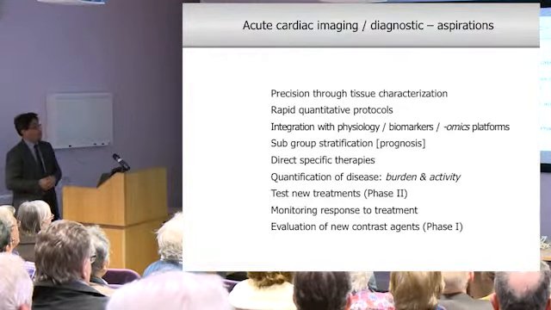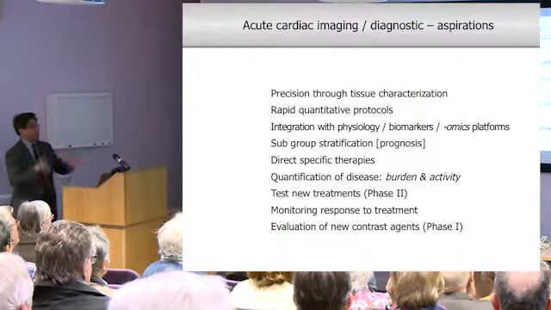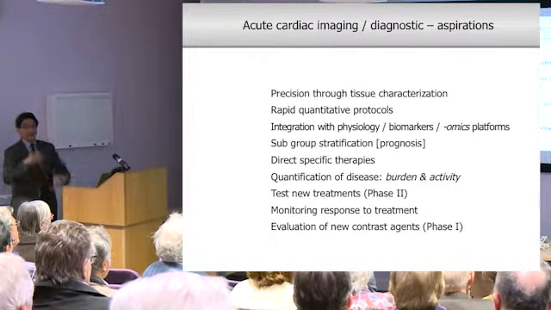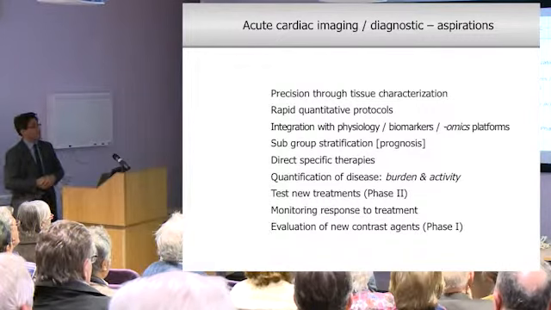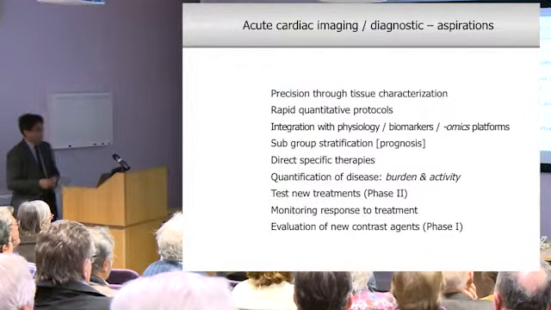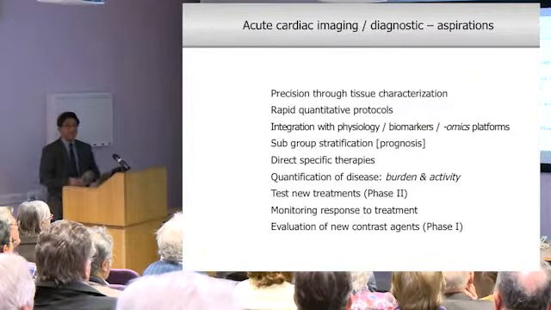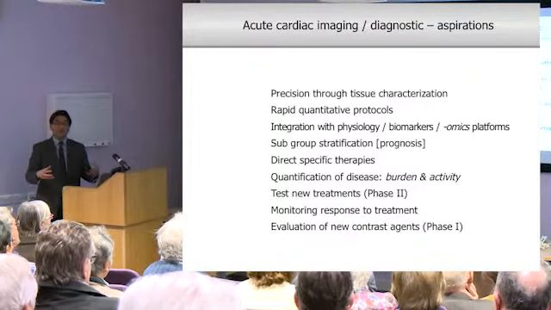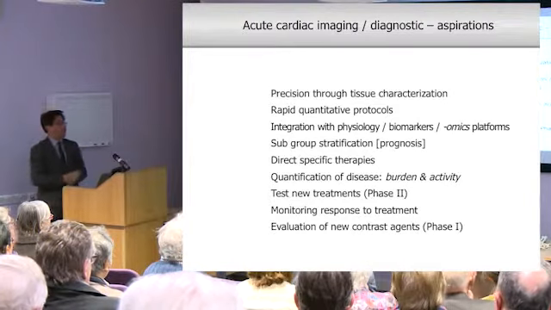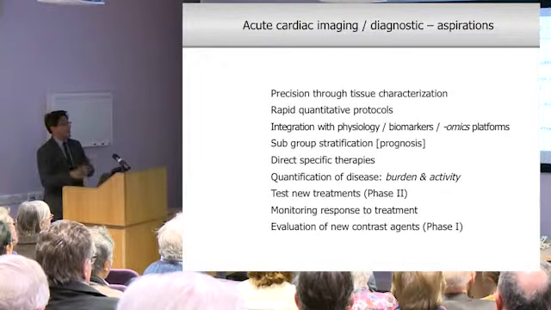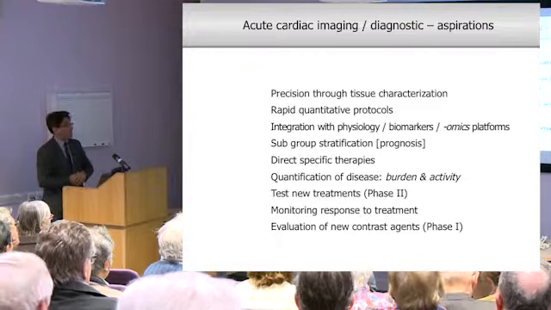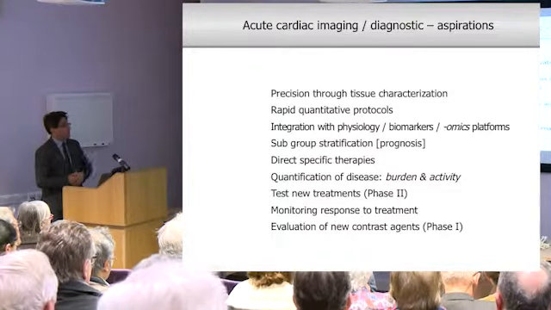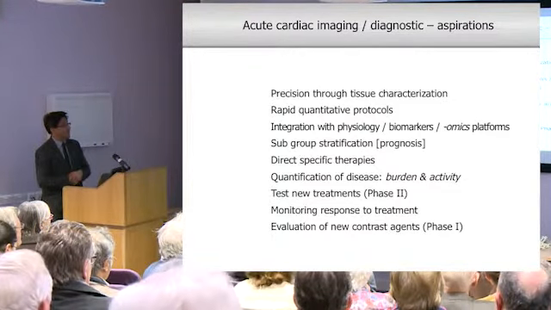We'd like to be able to characterize tissue. We'd like to be able to know what's happening physiologically and how that relates to the things that we measure in the blood. We'd like to know about these things we call now omics platforms, very complex ways of looking at gene expression and multiple metabolites that are made by tissue that's deprived of its blood supply. And you can read the rest on the slide for yourselves.